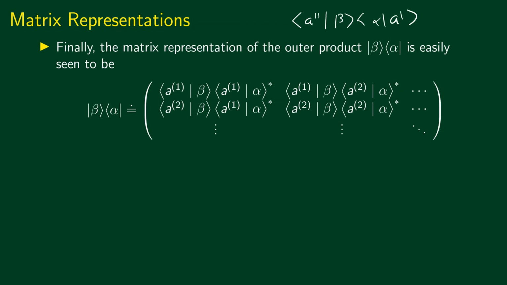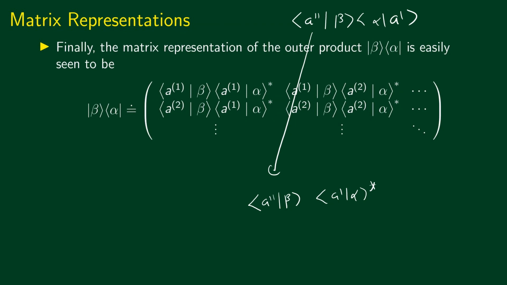So I can find the matrix elements of this operator between two eigenstates, or between two eigenkets for that matter. Now this can be written as bra A double prime ket beta, and then bra A prime ket alpha star. Now you can enumerate all the elements like this.